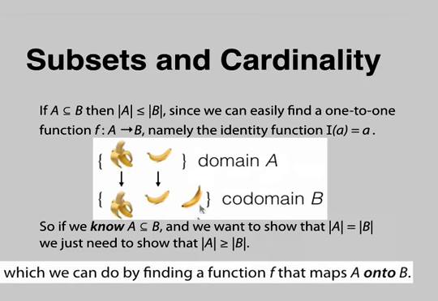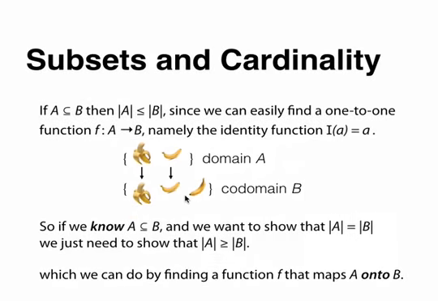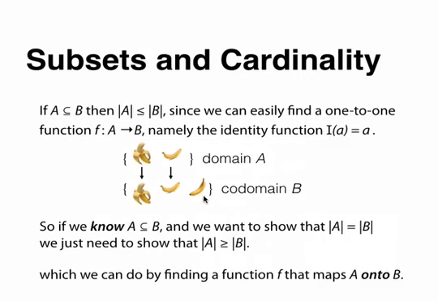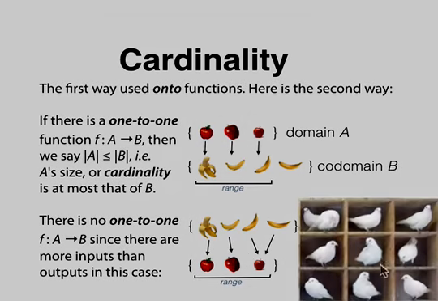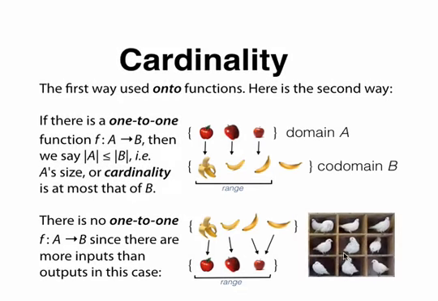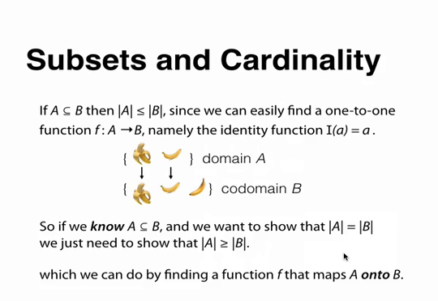For finite sets, that can only happen if the subset is the original set, because if we omit even one element, then there's no way to map that onto the original set. But we'll find that for infinite sets, that's not necessarily the case. In fact, this pigeonhole principle only applies to finite sets, and we'll see that for infinite sets, it doesn't necessarily apply.